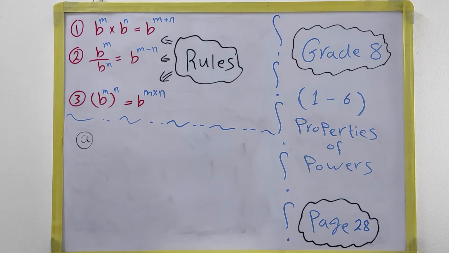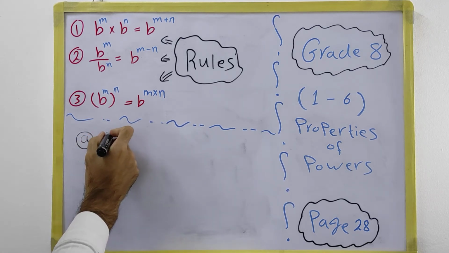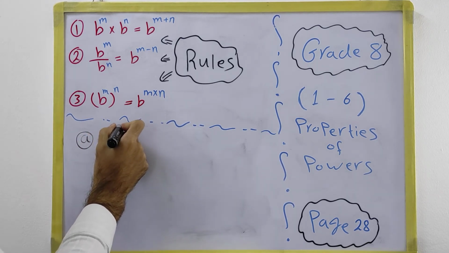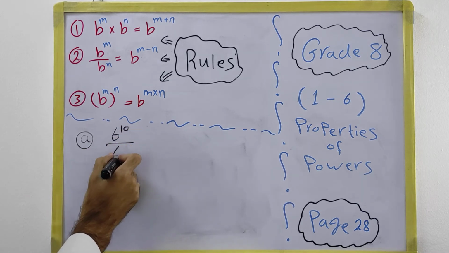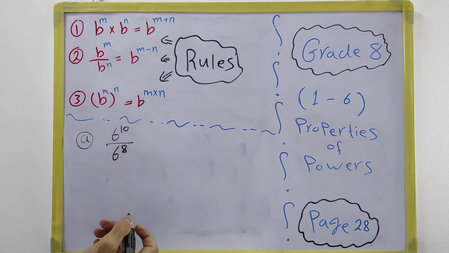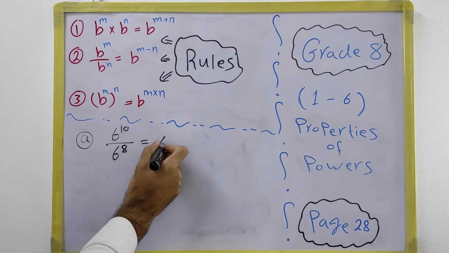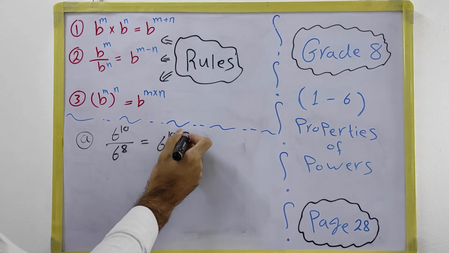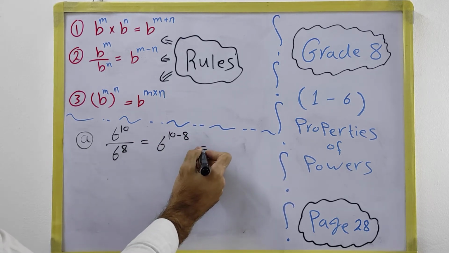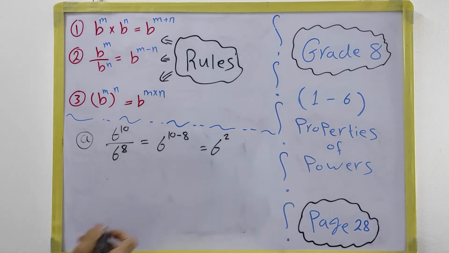let's say 6 to the power of 10 over 6 to the power of 8 equals 6 to the power of 10 minus 8, which would be 6 to the power of 2.